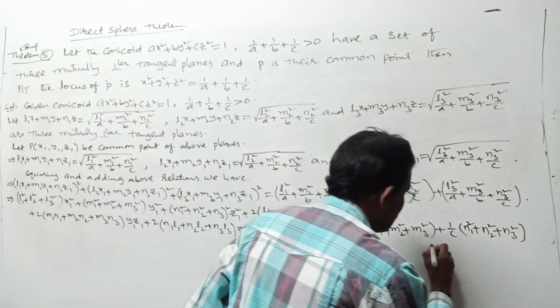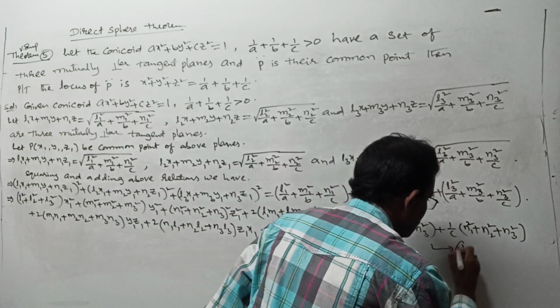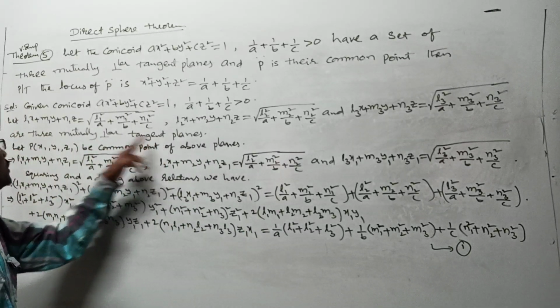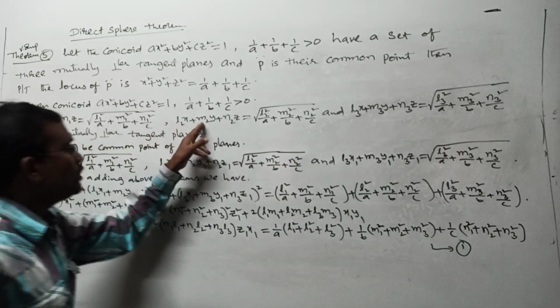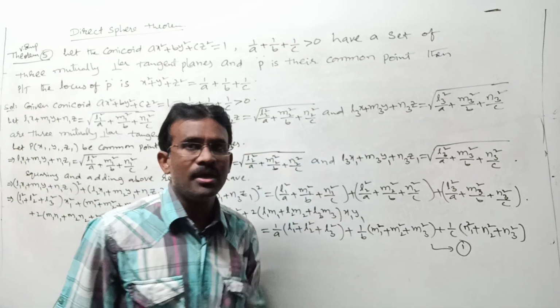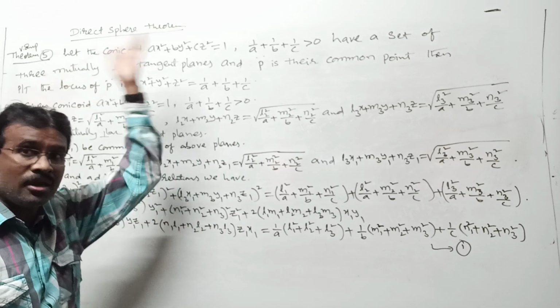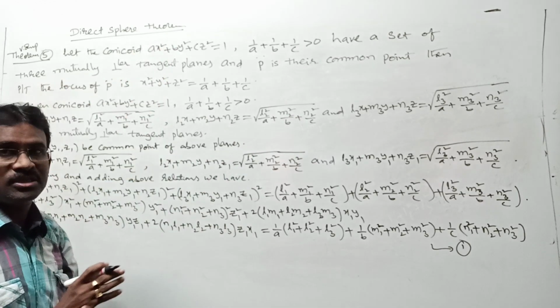For my convenience, I am taking this as number 1. Whenever these are mutually perpendicular tangent planes, L1 M1 N1, L2 M2 N2, L3 M3 N3 are direction ratios of normals to these planes, so those are also perpendicular to each other.